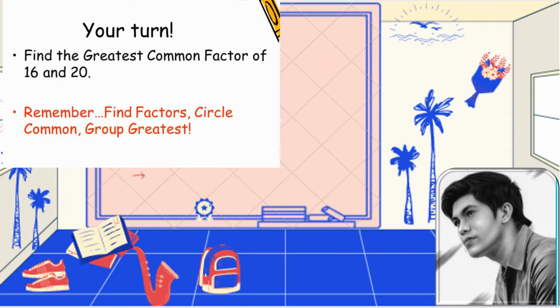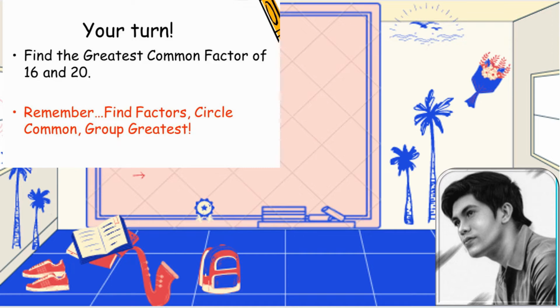Find the greatest common factor of 16 and 20. Remember, find the factors first. Then, circle the common. And the last one is to group the greatest.